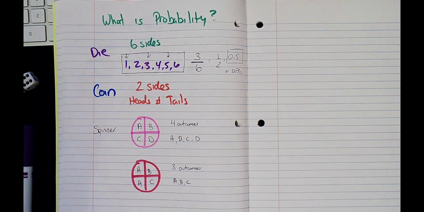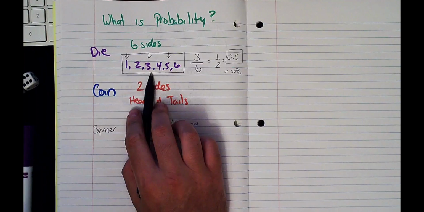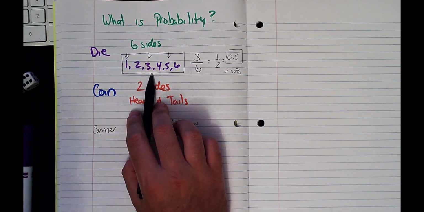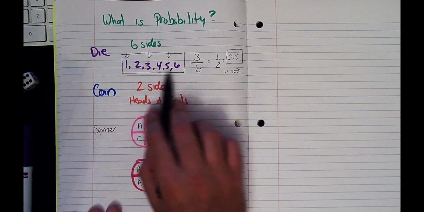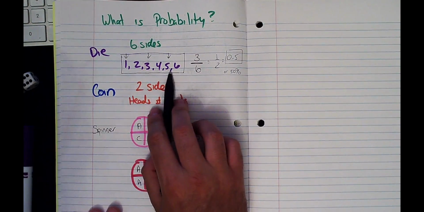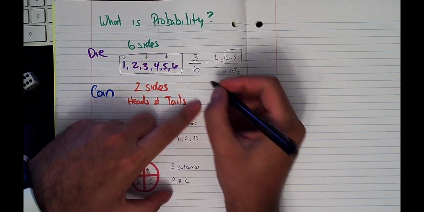If I had to look at the dice question again, I may ask you, what is the probability of rolling a number larger than 4? Well, here there are only 2 numbers larger than 4, 5 and 6.